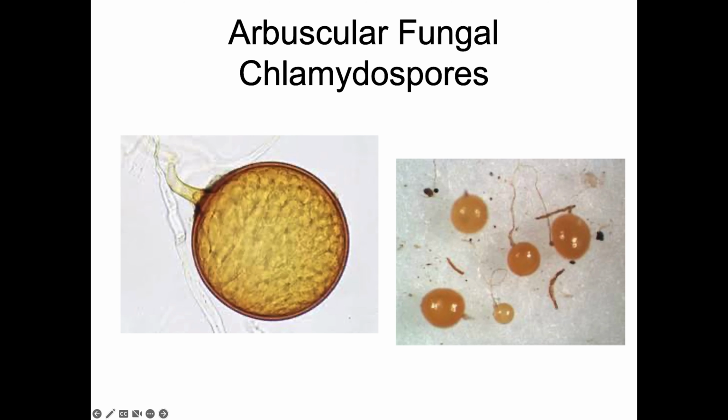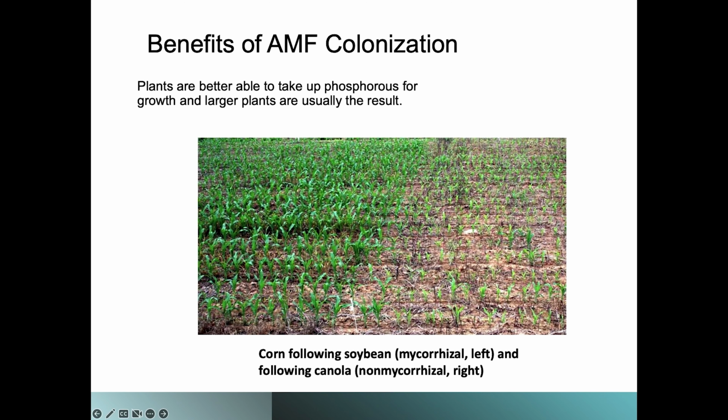So this is what a real spore looks like. Now they're small. These are 1/10 of a millimeter in size. So you're not going to see them unless you sieve them out of soil, put them under a dissecting microscope and look. But this is what these spores will look like. These are the chlamydospores. And again, this was an example where this was corn following soybean, mycorrhizal, corn following canola.